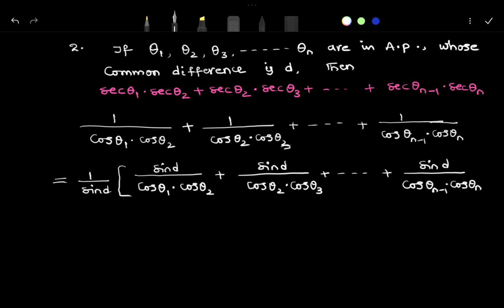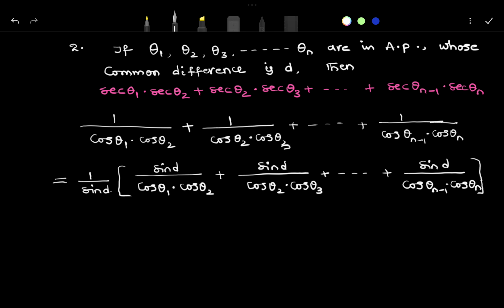See here, in the above example and in this one, if the denominator factors are both sine or both cos, you should multiply and divide with sin d. In the first question sin d is already given, but here sin d is not given.